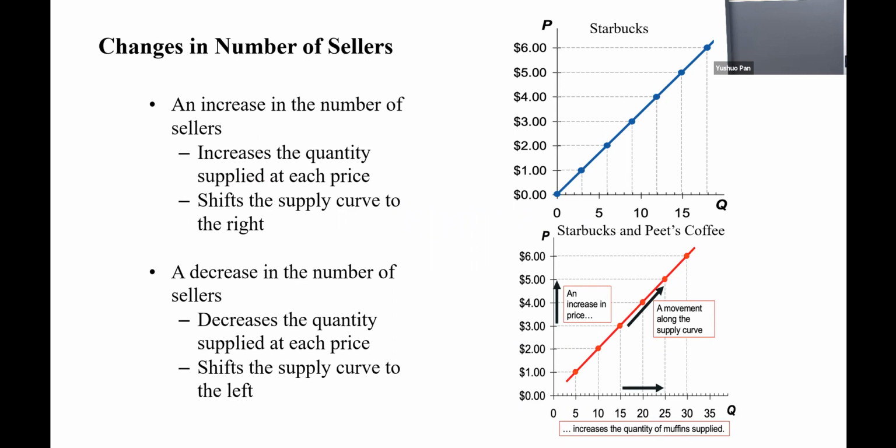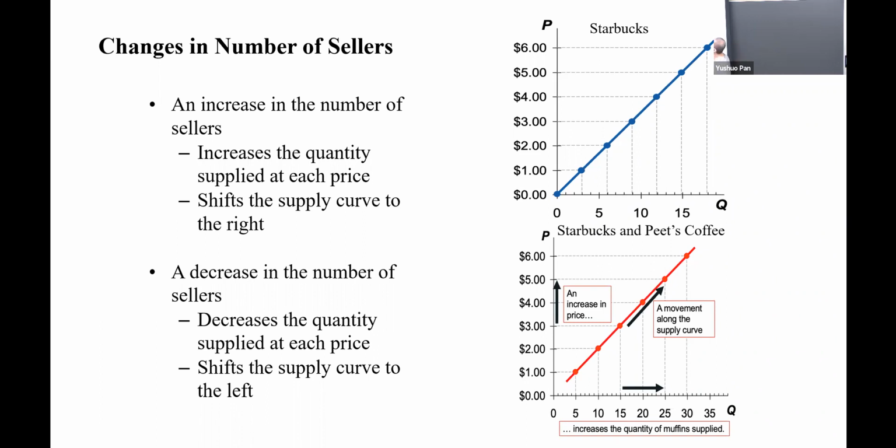Changing the number of sellers. An increase in the number of sellers increases the quantity supplied at each price and shifts the supply curve to the right. In the example we saw before, for one individual seller like Starbucks, when the price equals 1, the quantity supplied is 3, and when the price equals 2, the quantity is 6.